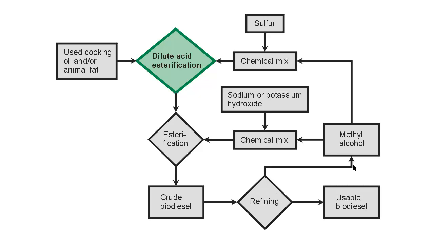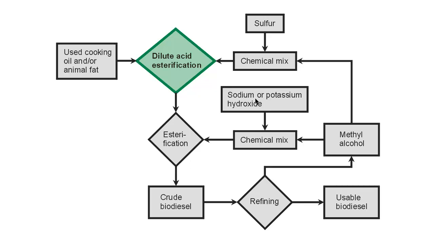It also, as a byproduct, produces methyl alcohol, which can be used to further refine the biodiesel fuel, along with sodium and potassium hydroxide. That's sort of like the soda ash that you put in a swimming pool to keep the chlorine from making the water too acid.